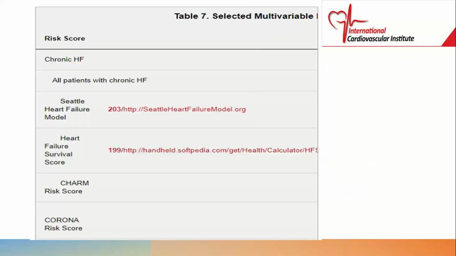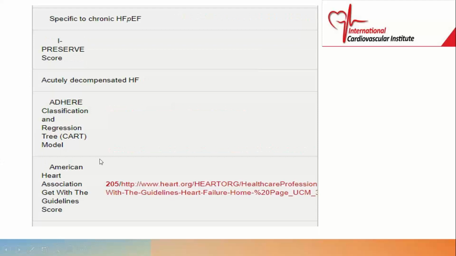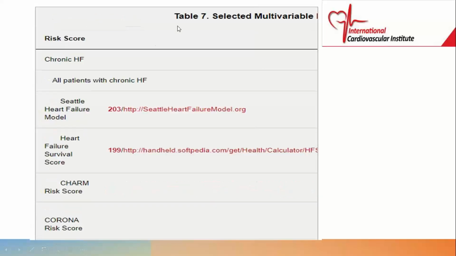So these are some of the risk scores. We have the Seattle heart failure model. We have the heart failure survival score, the CHARM risk score, the Corona risk score, iPreserve score, and those are for chronic heart failure with preserved ejection fraction. I mean, the ones before were chronic heart failure with reduced ejection fraction.